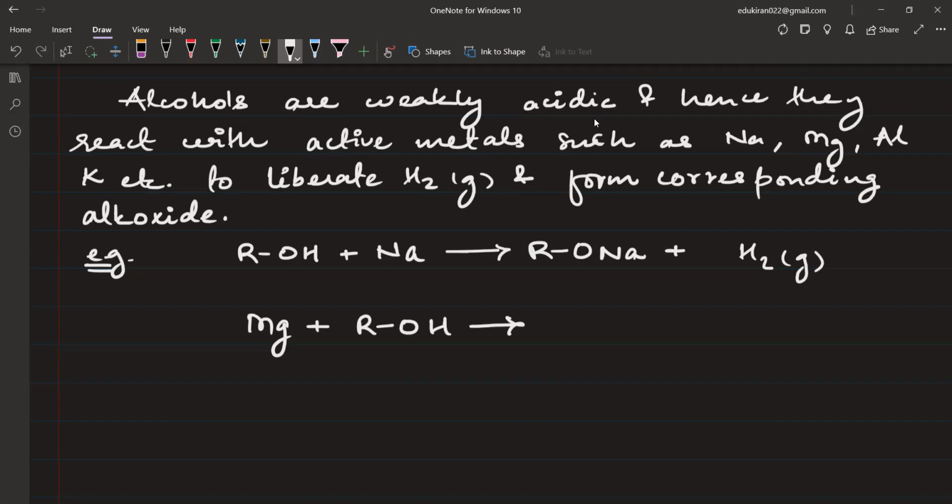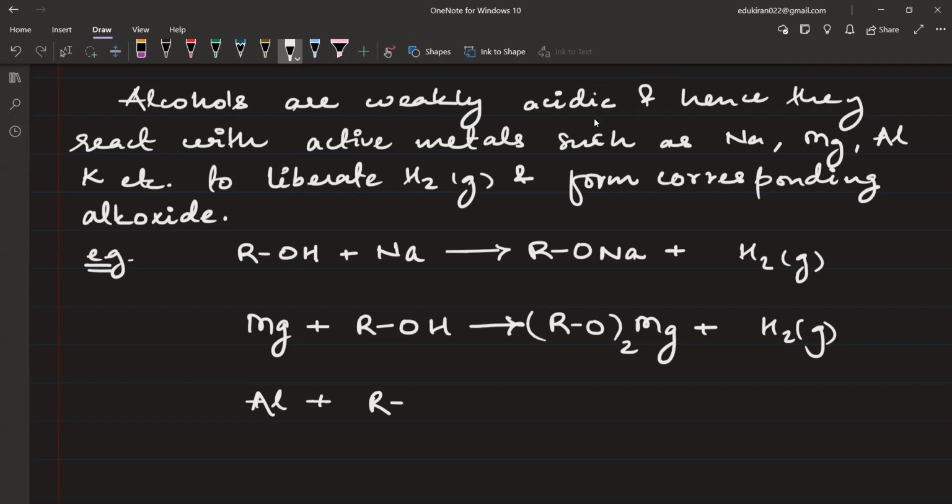Valency of magnesium is its oxidation state. The general oxidation state of magnesium is plus 2. So if we have plus 2, to counter that we should have 2 negative. 2 negative will come from RO negative twice, (RO)2Mg, plus you will get the same thing, H2 gas.